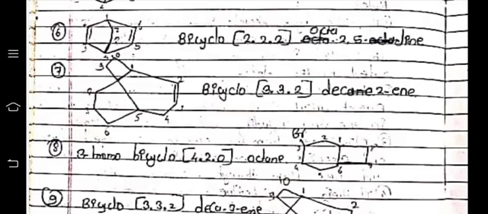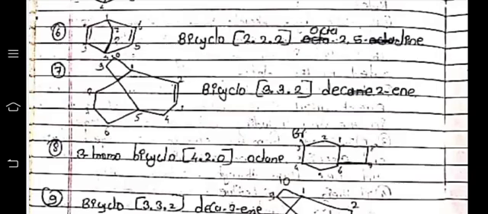At the 2 and 5 positions there is an alkene system. That's why it is mentioned as 2,5-diene. So the total name will become bicyclo[2.2.2]octa-2,5-diene.